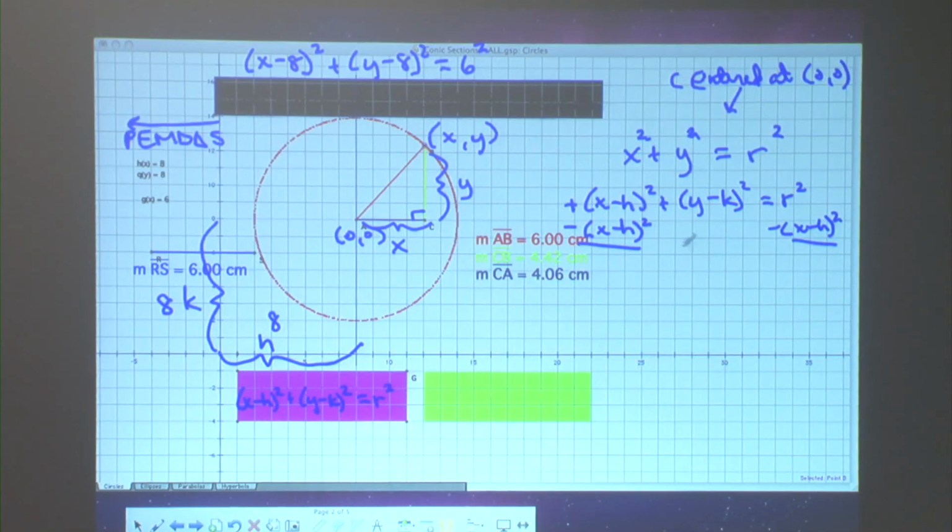Okay, so when I subtract that from both sides, is everybody okay with that so far? Okay, so what should I do next? Square root. Why?